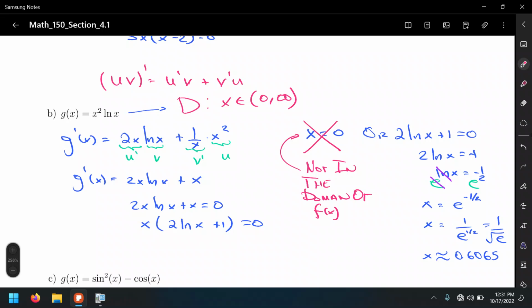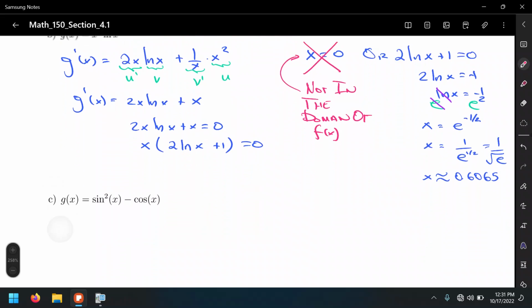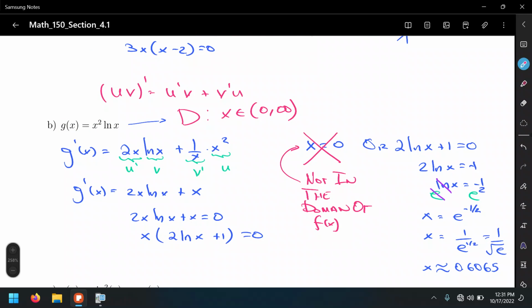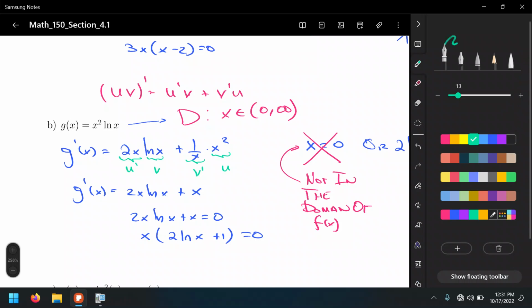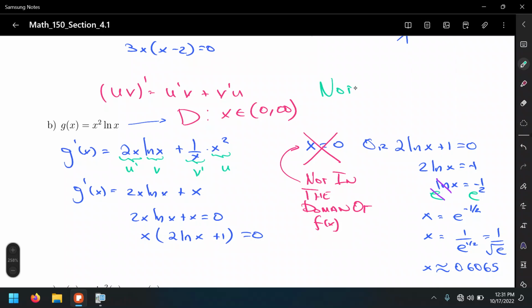All right. Let's do another one. Note: look at the domain of f of x first.